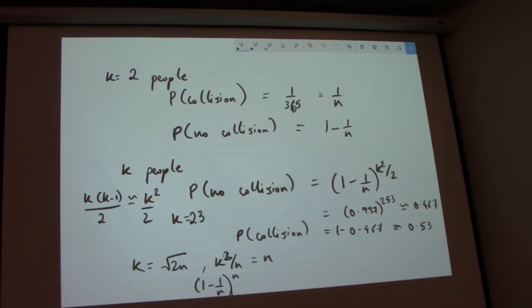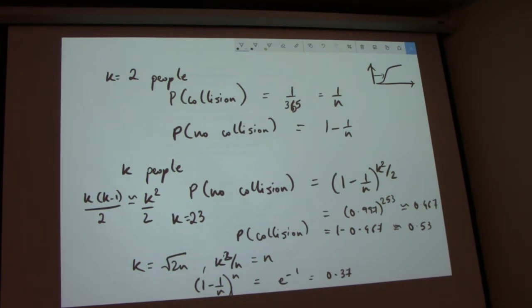And most of you might know that this is just e to the power minus 1. So this is about 0.37. So with about square root of 2n people in the room, I will go to the interesting part of the curve. So I'm already somewhere here on the curve.